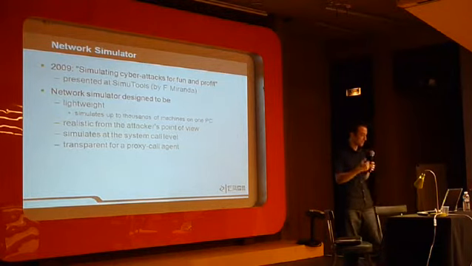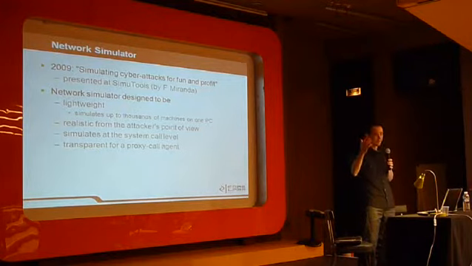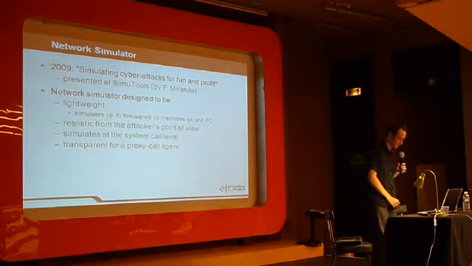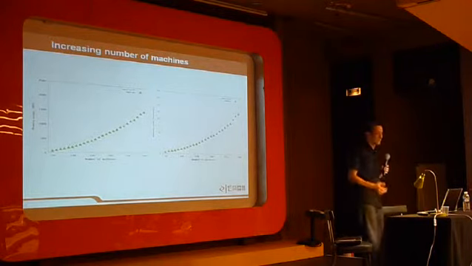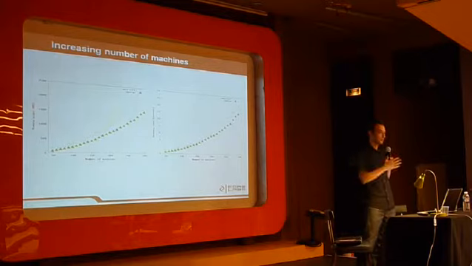We have this simulator, which is realistic from our attacker's point of view, and we can simulate up to thousands of machines on one PC. So after trying this on the real network, we do this performance evaluation.